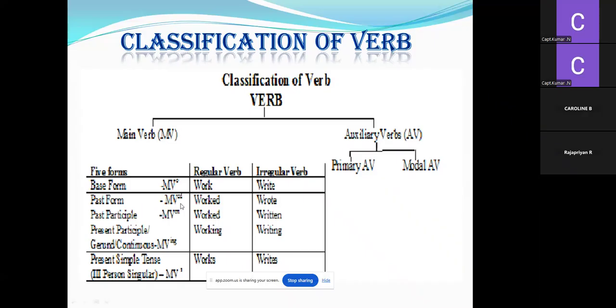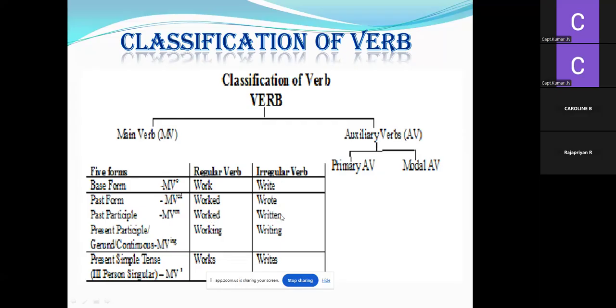There are 5 forms. The base form, or the original verb, is work or write. Here I am taking both a regular verb and an irregular verb so that you can understand the forms clearly. For the past form, we use the ed form, like worked, but for the irregular verb, it is wrote. Past participle form: it is worked for the ed form, that is, we add ed.